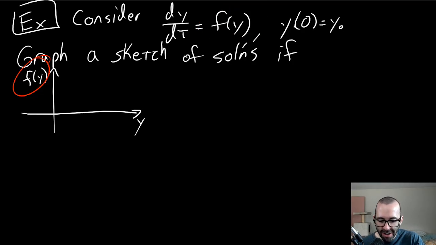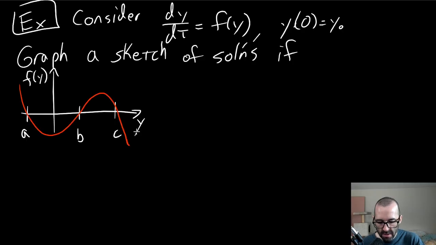So be very careful here. Specifically, I'm saying there's some A value, some B value, and some C value. And f, which is the slope of y, changes. Oh, let's pretend this goes through, like so.